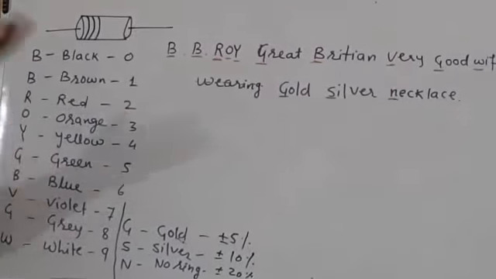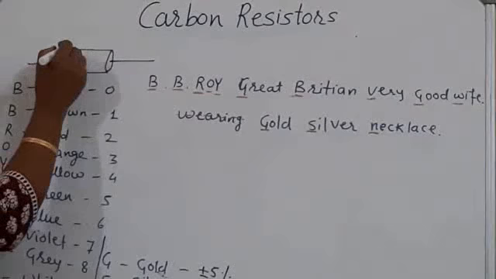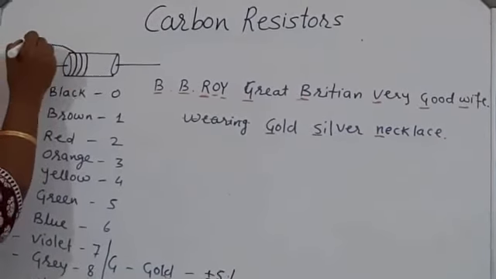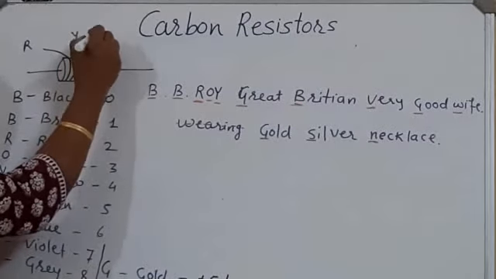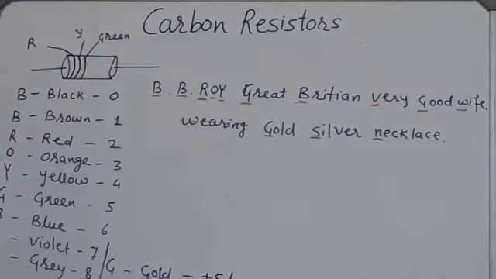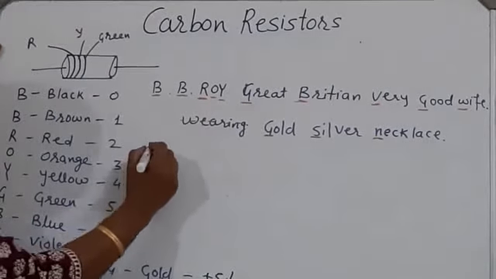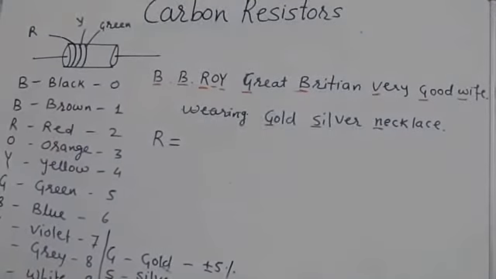Now see how we calculate the value of any carbon resistance. Take the example that suppose the first ring is red, the second ring is yellow and the third ring is green. So now the value of resistance.